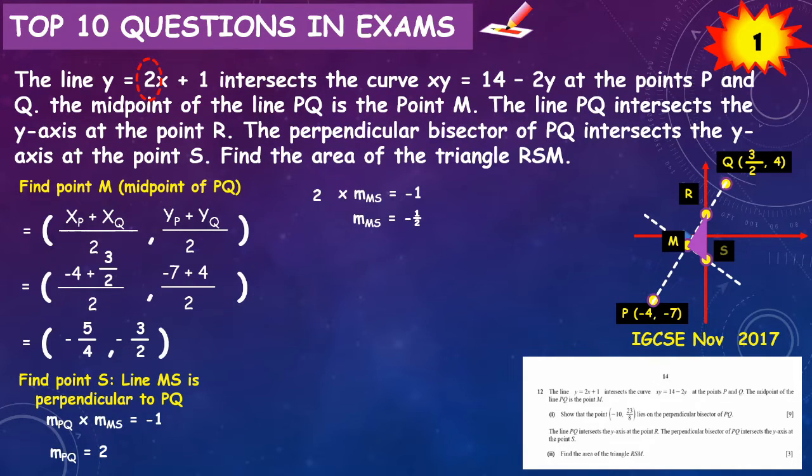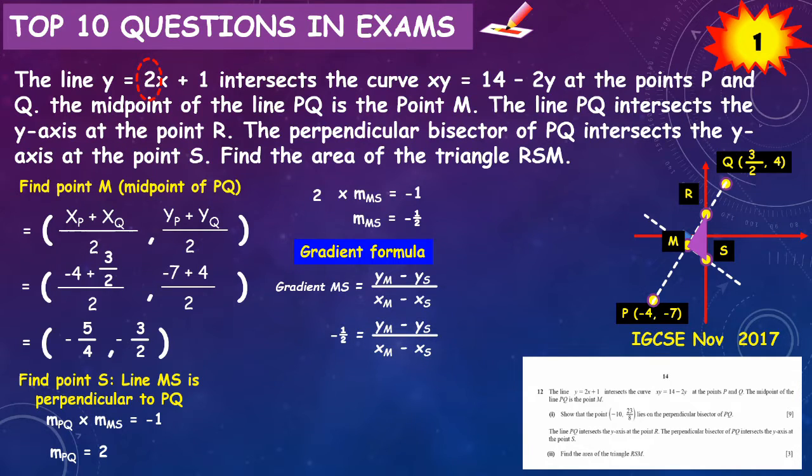Point S is on the y-axis, which means the x value is 0. So we just need to find the y value for point S. Using the gradient formula and substituting the gradient we got earlier, which is negative 1 over 2, we can find the y coordinate of S. So we get the y-intercept of MS as negative 17 over 8.